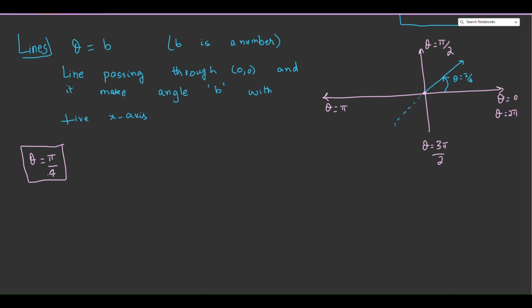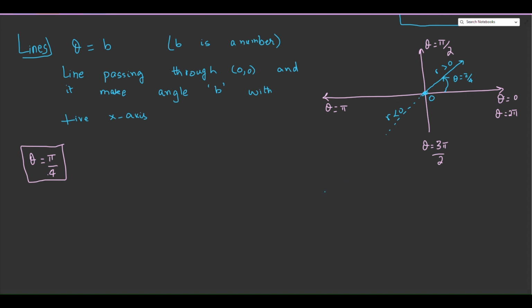And one more thing you need to remember, this is our origin. On this side we have the positive values of r, or the radius, and on this side we have the negative values of r.